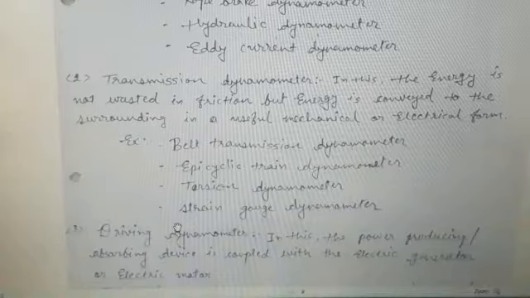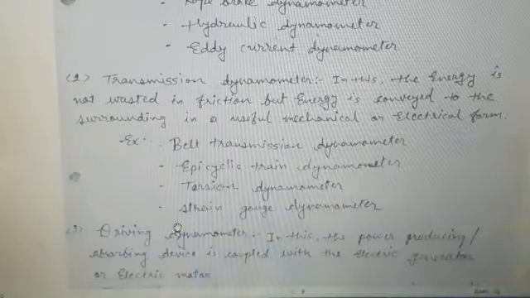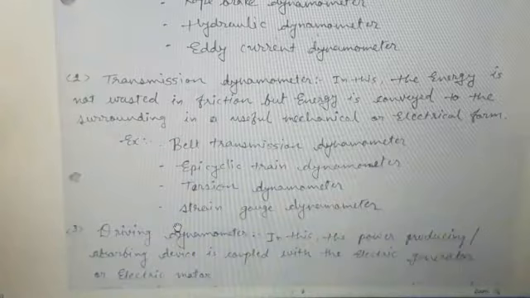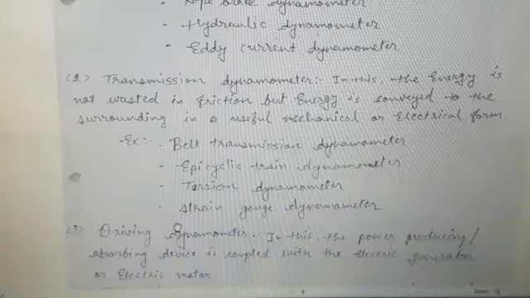So in this dynamometer, energy is not wasted in the friction, but energy is conveyed to the surrounding in a useful mechanical or electrical form.